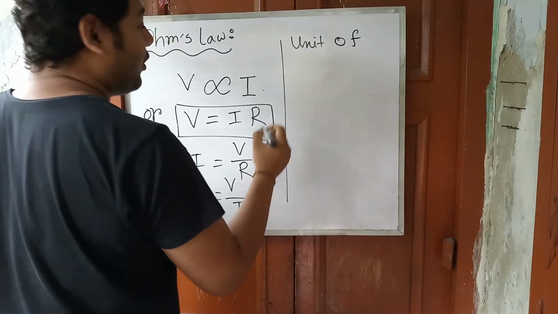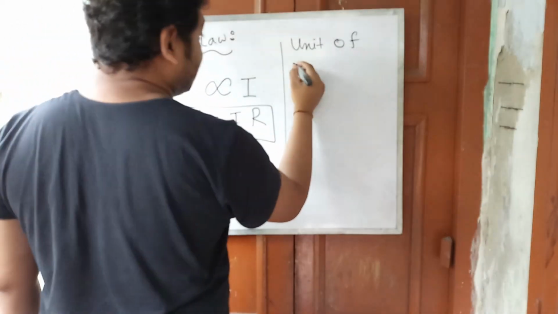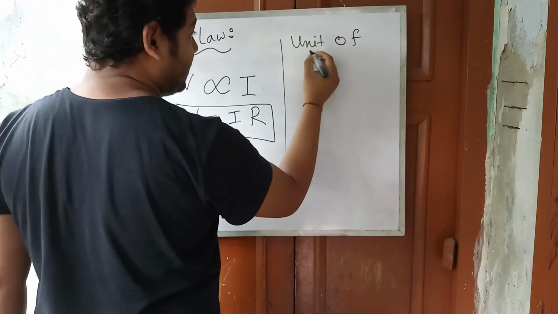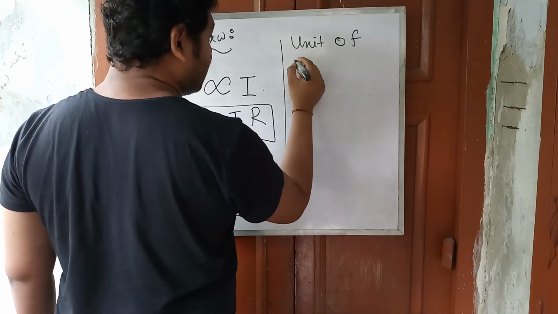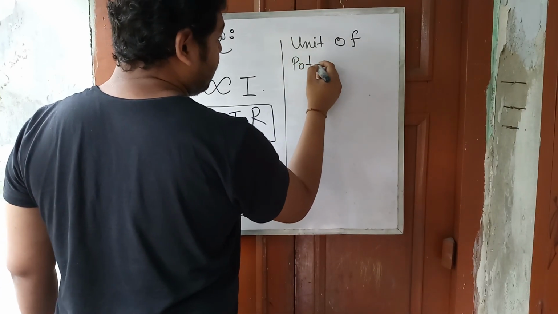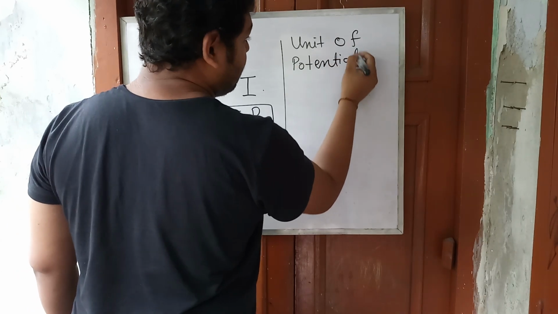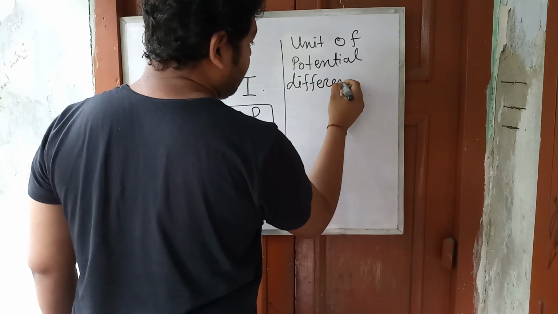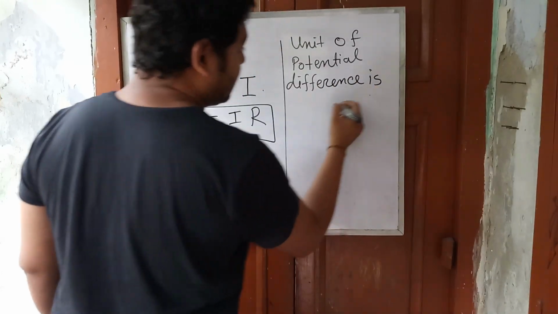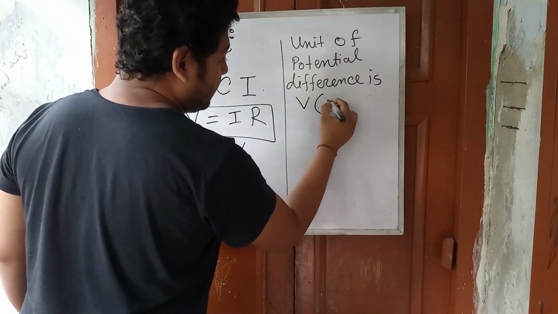The unit of potential difference is denoted by V, volt.